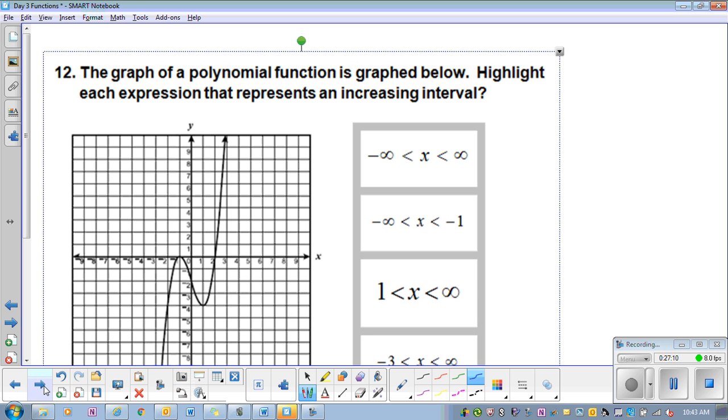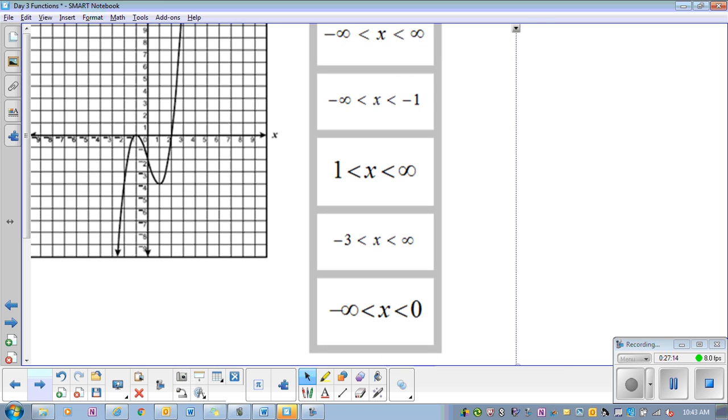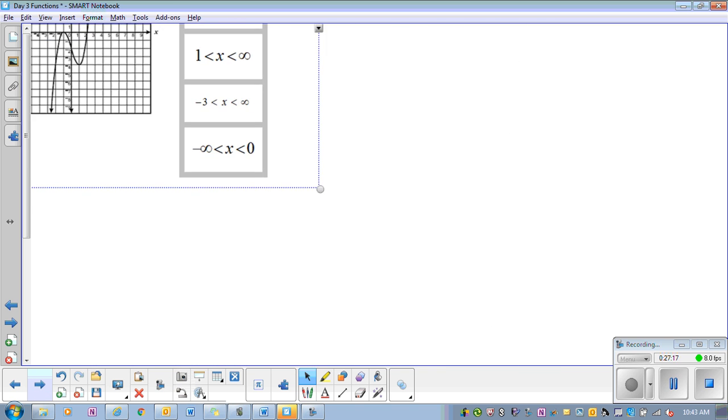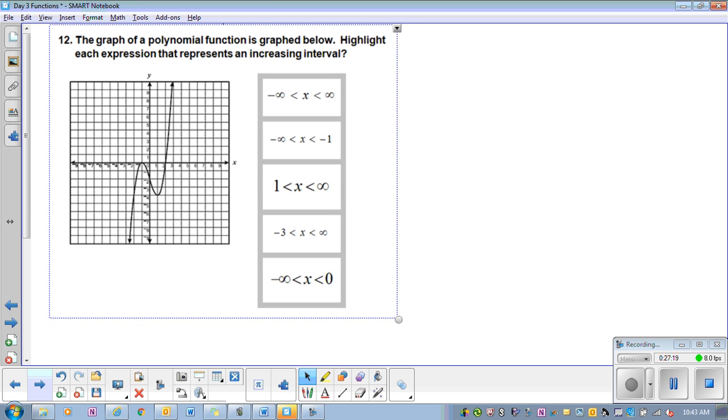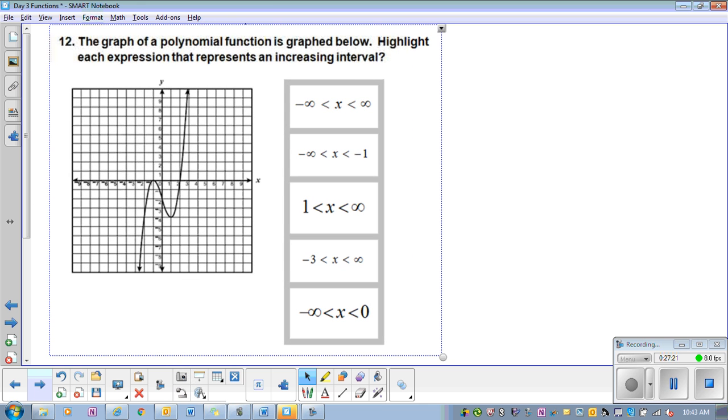All right, so the graph of a polynomial function is here. They give you the graph. They want you to give the increasing intervals of this function. You guys are actually really good at finding the increasing and decreasing intervals, right? What do we need to do?